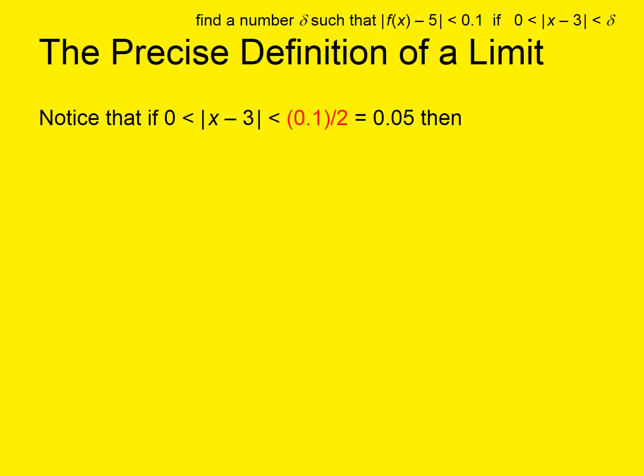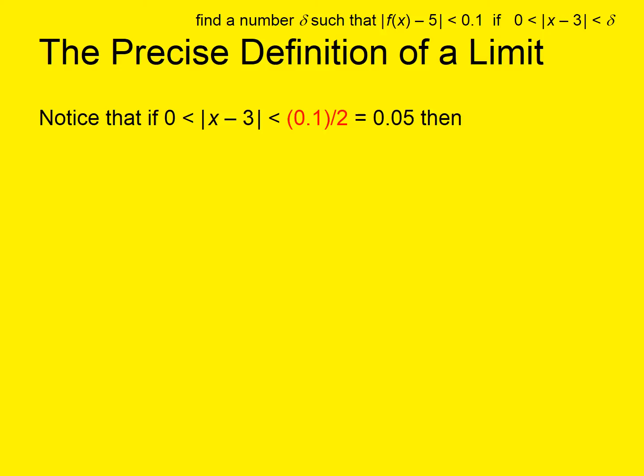Now, a number that will work is 0.05. Let's just go with it and suppose that we had a number 0.05, and we're going to show that that does actually work.